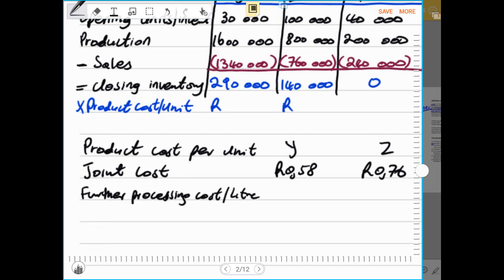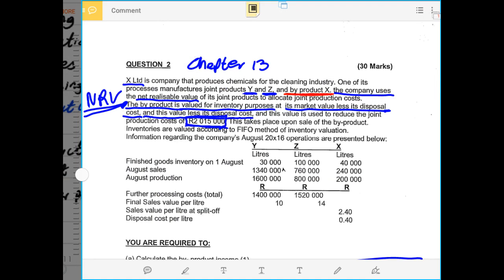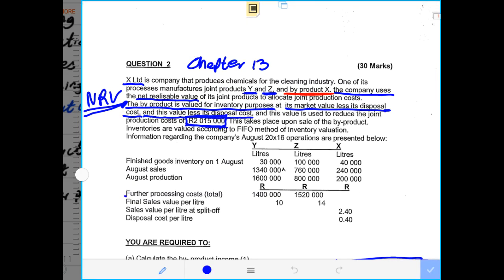So in this case, we ask ourselves, what is our further processing cost? We do know our further processing cost, but it is given in total. There is the total further processing cost, and we need it per unit. So that means we have to say 1,400,000 divided by the number of units that were manufactured, which is 1,600,000, and also divide by the number of units that were manufactured, which is 800,000 units.